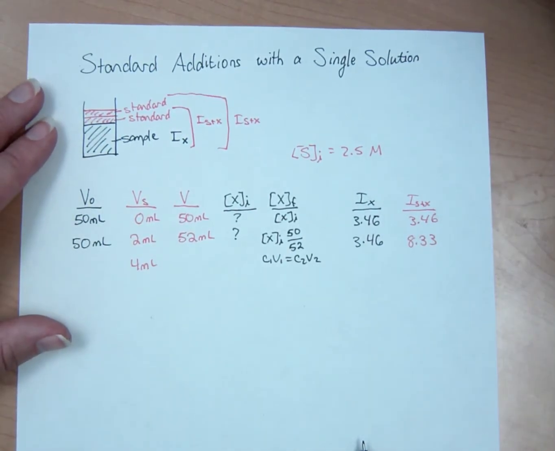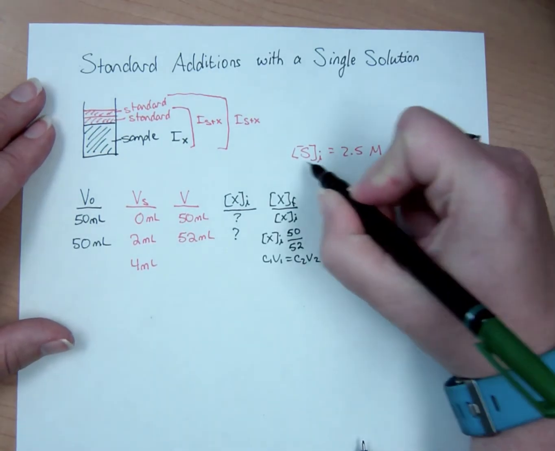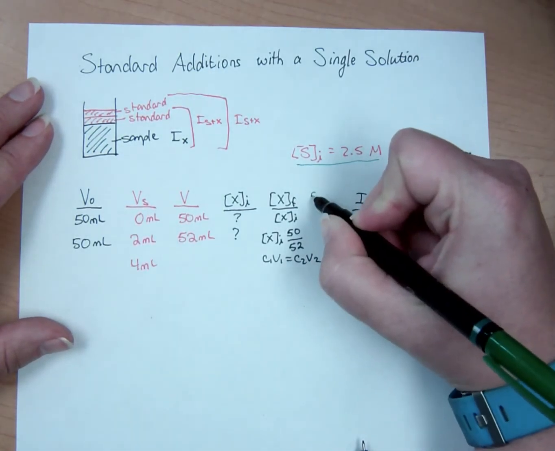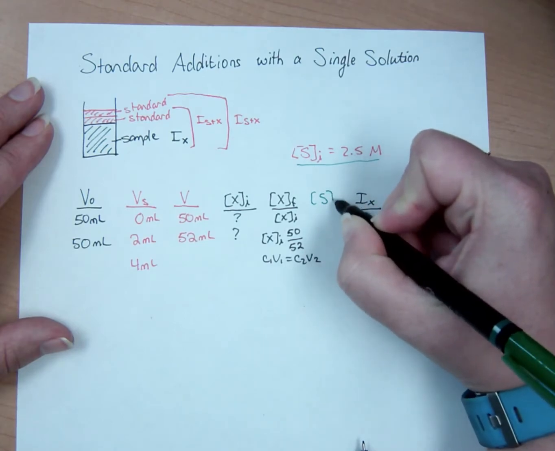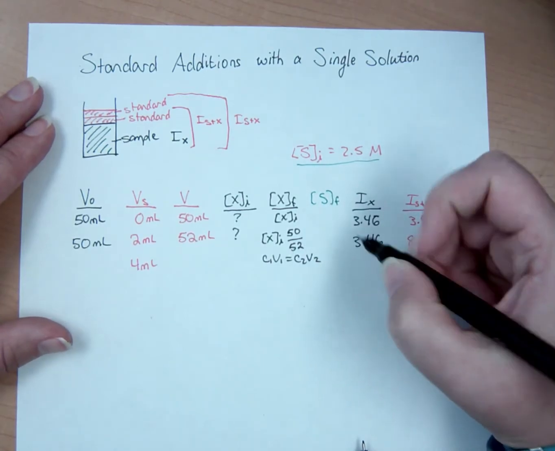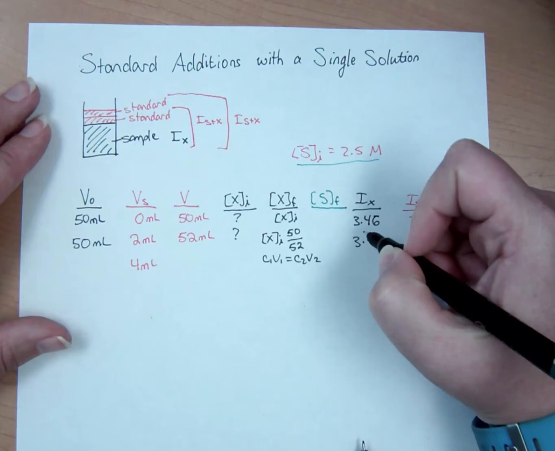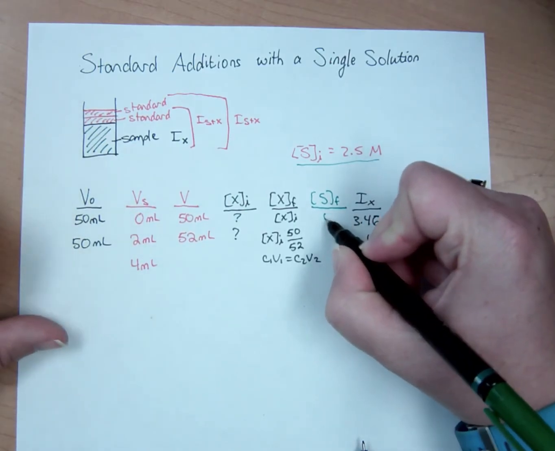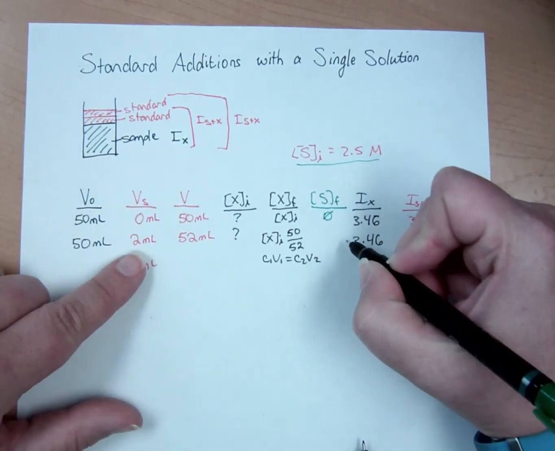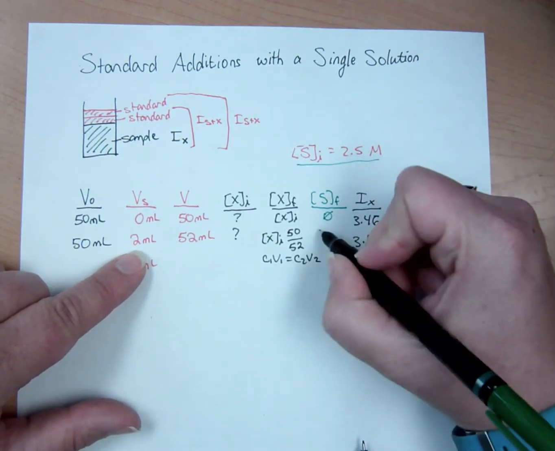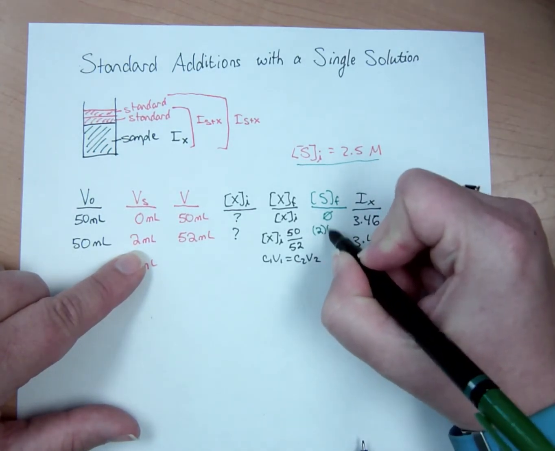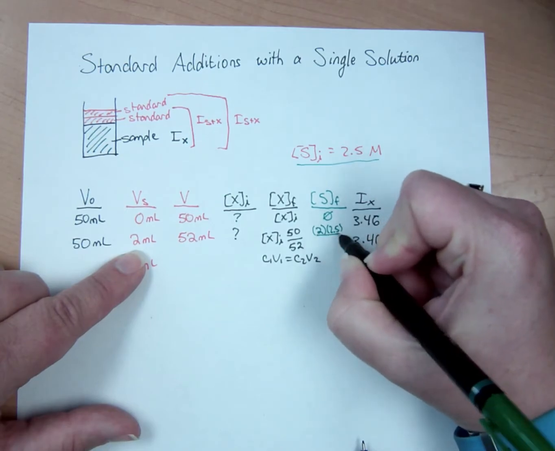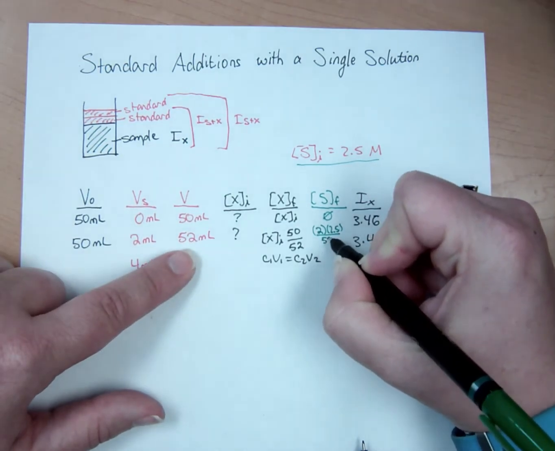Now we know how much we added and we know what we started with, and so let's indicate, I'm going to change colors to green here, what our final concentration is of the standard. We added 0 standard in the first one, but in the second one we had 2 mL times 2.5 molar divided by a new 52 mL.